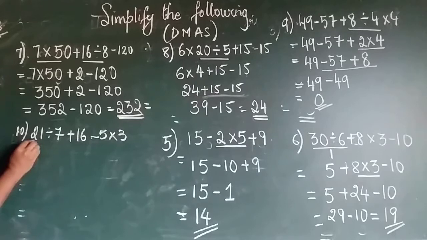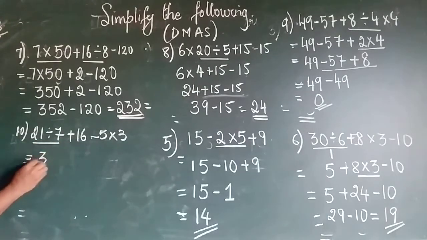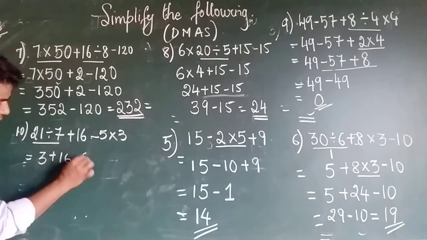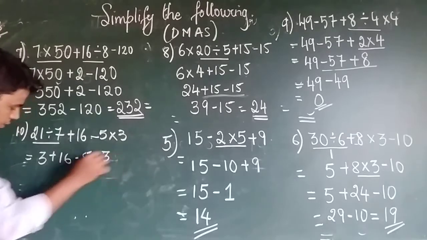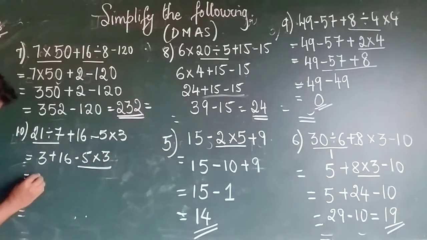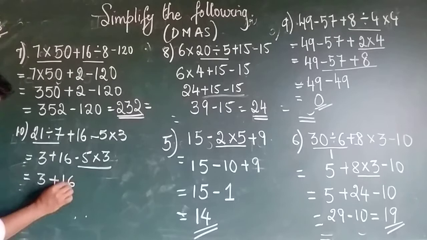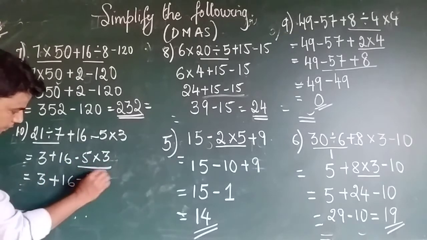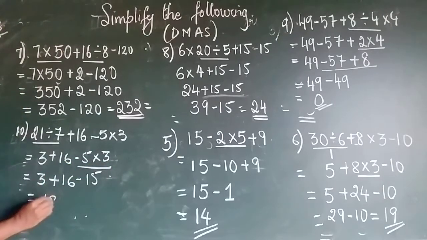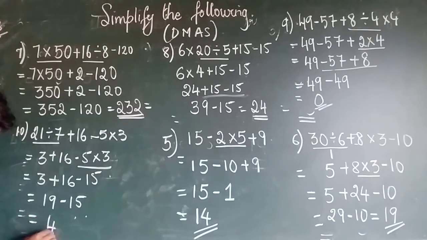So first we'll do 21 divided by 7, you'll get 3, plus 16 minus 5 into 3. So you get multiplication here, 5 3s are 15. 3 plus 16 is 19, minus 15. So 19 minus 15 is 4.